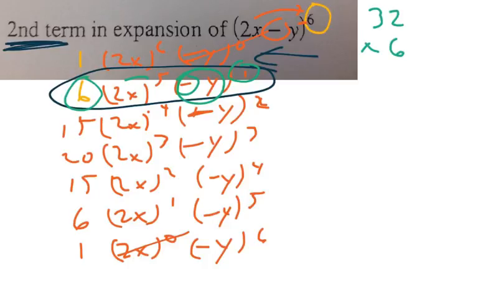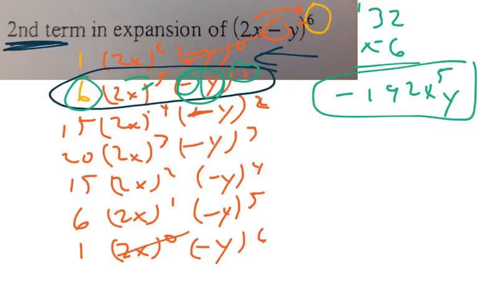So I have to do 32 times negative 6, which is going to be negative 192. The x is to the 5, and the y is to the 1. This right here, guys, negative 192x^5y is the second term in this expansion. Pause the video if you need to.